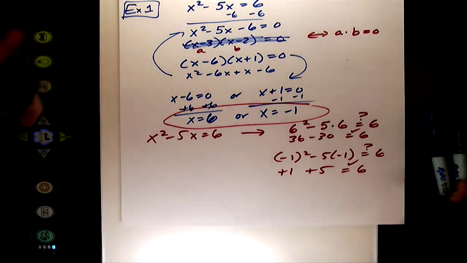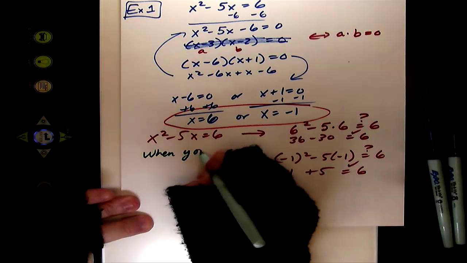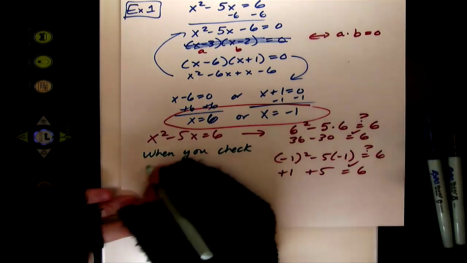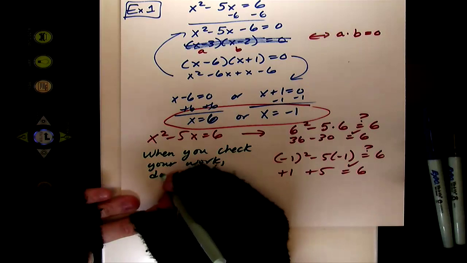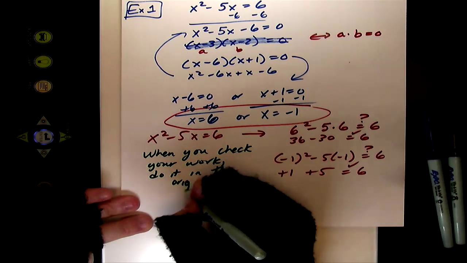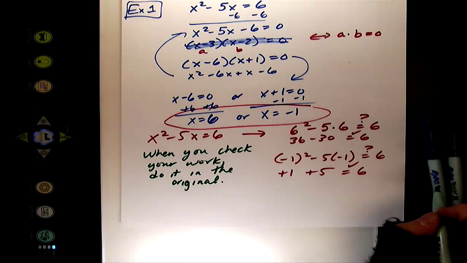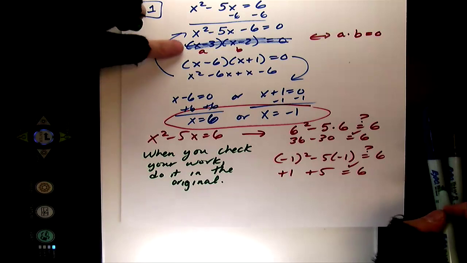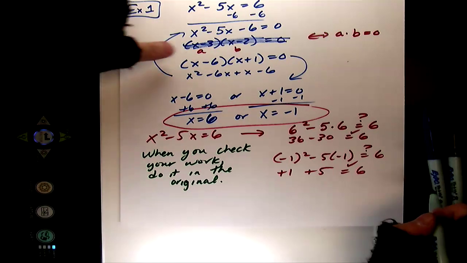When you check your work, do it in the original. Not one step in. If I had done x minus 3, x minus 2, and I said x equals 3 and x equals 2, I might have tried to check them there.